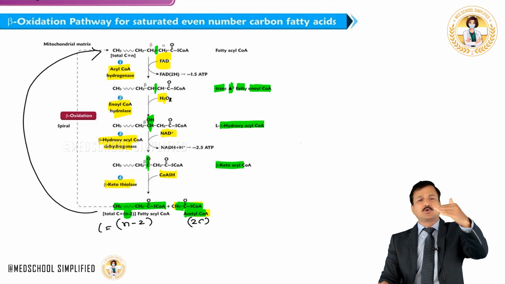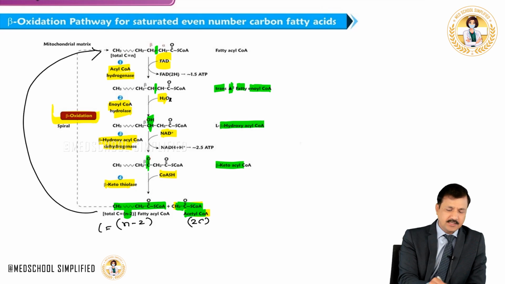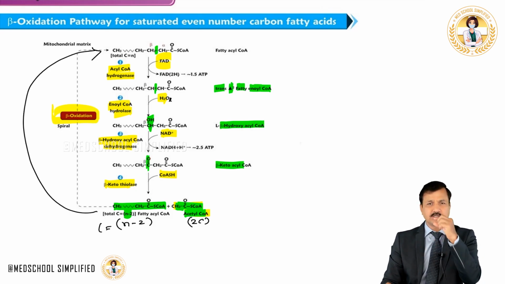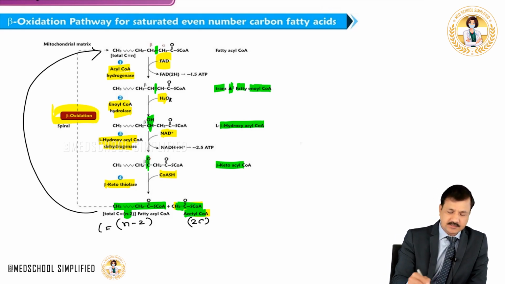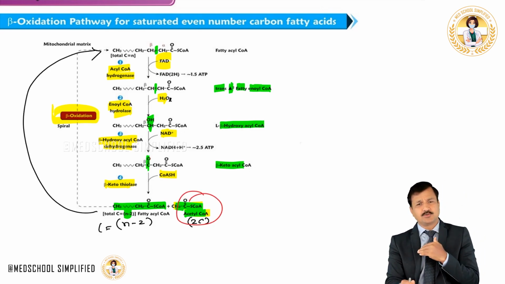Now number 1, 2, 3, 4, that is 1 beta oxidation spiral, and that means at the end of each beta oxidation spiral we are going to get 1 acetyl-CoA, and the fatty acid is shortened by 2 more carbons.